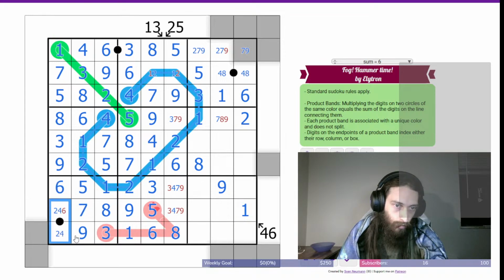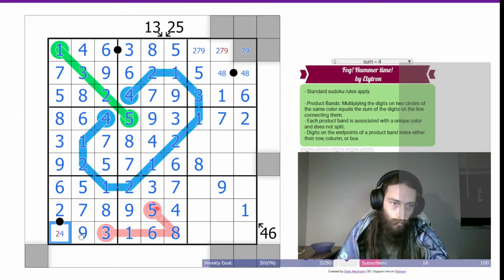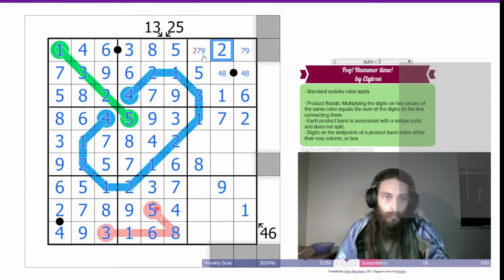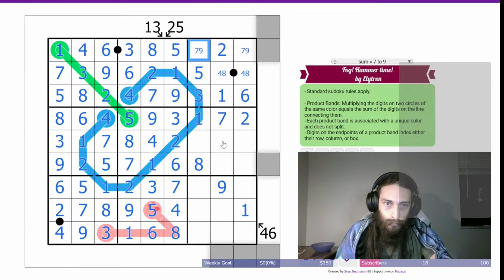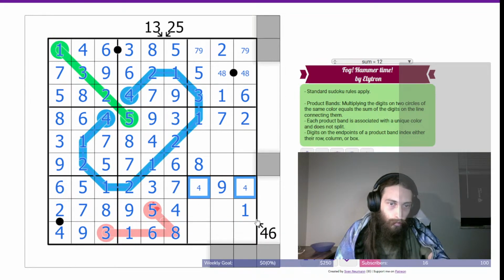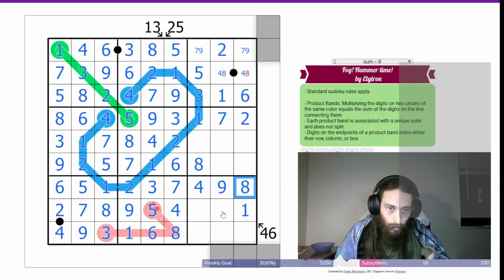You can't have a 6 on there, so that's a 2-4 pair. And it's resolvable. 2, 4, 2. Okay. And just to double check that that's all correct, yep, 46. Alright, so these two are 4 and 8. And 3, and something 6.